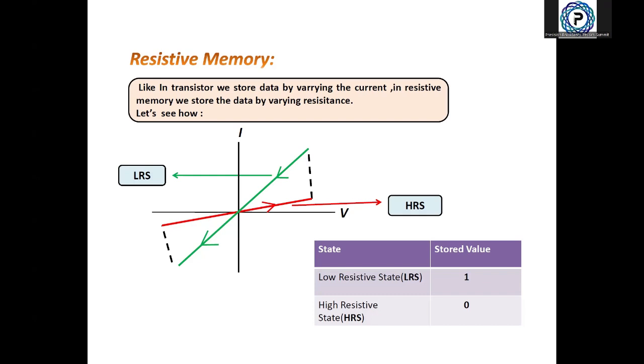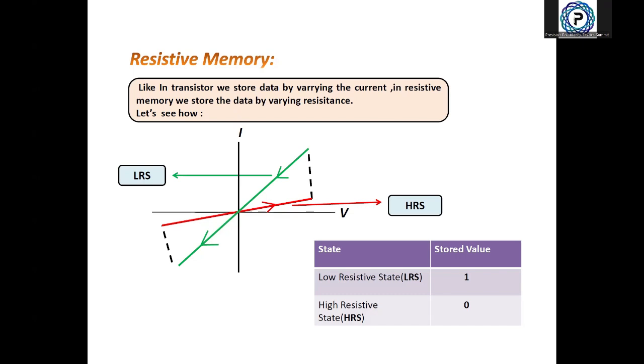We connect our device and vary the voltage from minus 1 volt to plus 1 volt, studying its corresponding current. While going from minus 1 volt to plus 1 volt, we see that the current follows the red curve.